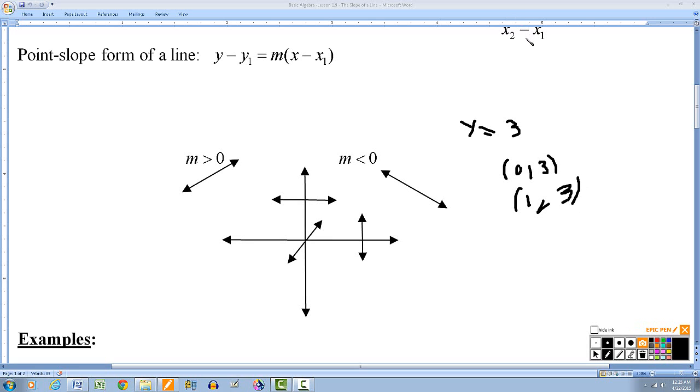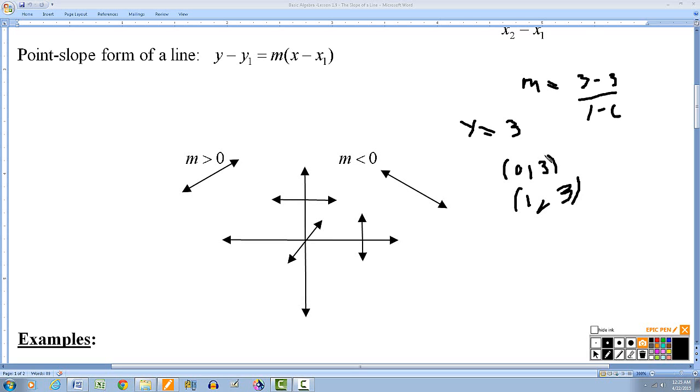So in the formula that I have up here, if you want to find the slope of two points, take the difference in the y's over the difference in the x's. It doesn't matter which you call the first point or the second point. Let's say (0, 3) is the first point and (1, 3) is the second point. So the slope m = (3 - 3) over (1 - 0).